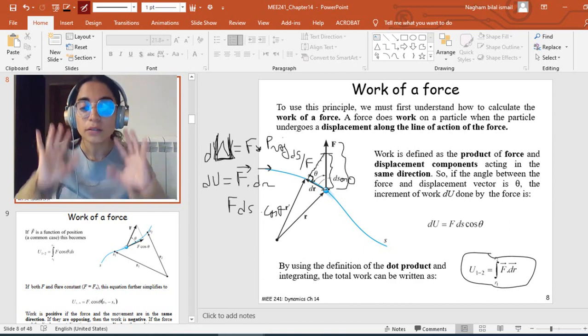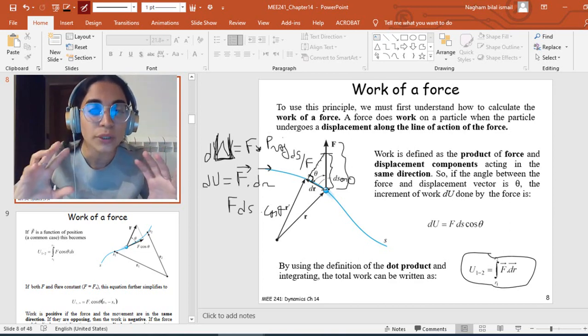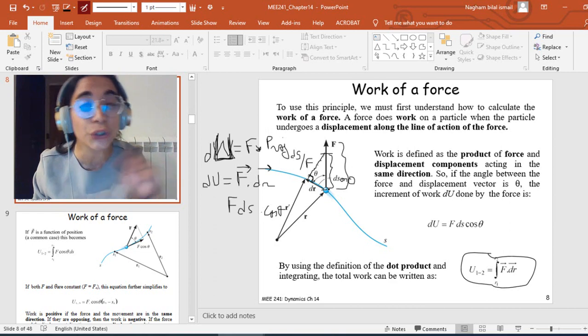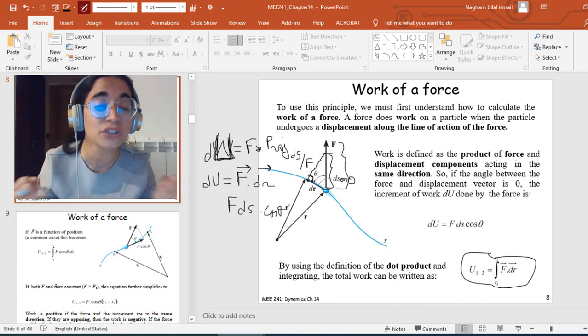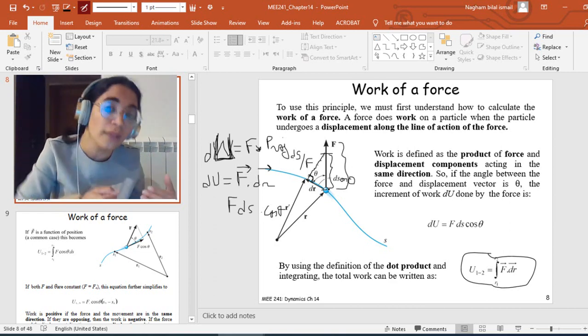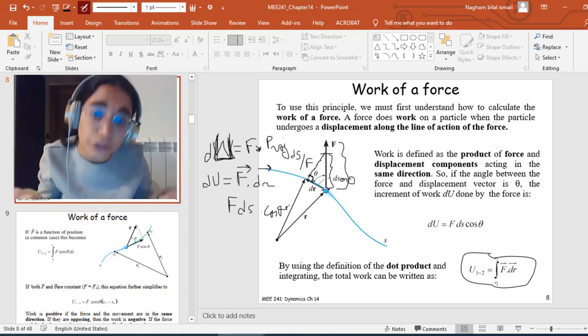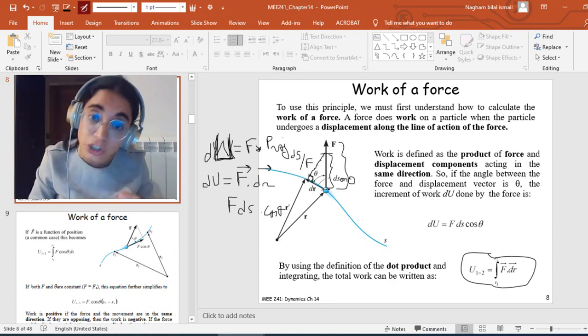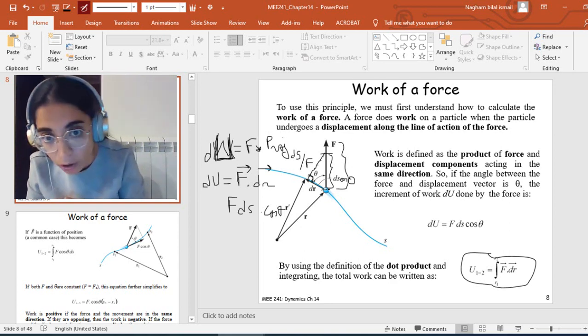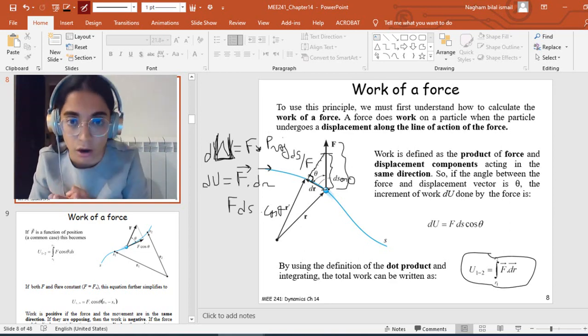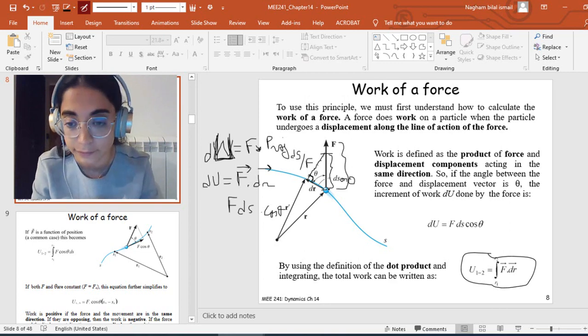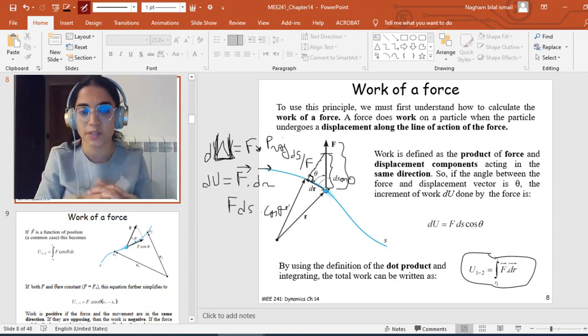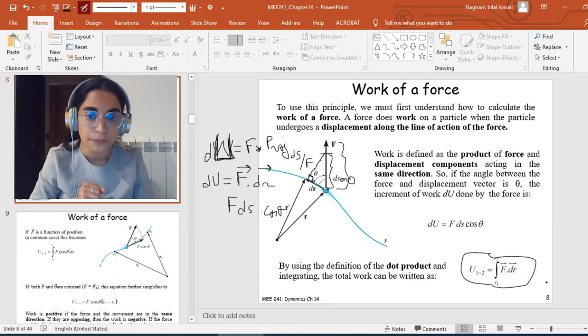Now, so far I am talking about dU. So if I want to find the work between position 1 and 2, I should do the integration, which means U12 will be equal to the integration of F dot dr, which is the scalar product. Now what does this equation mean?